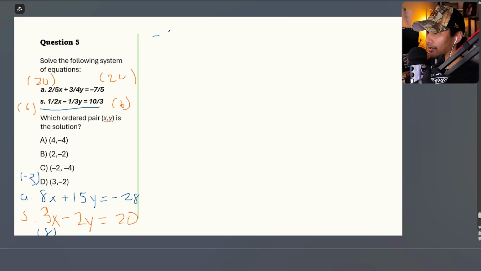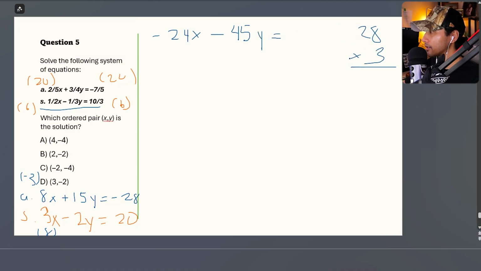So negative 24x minus 45y equals, what is 28 times 3? That is 84, and I believe it's a positive now.